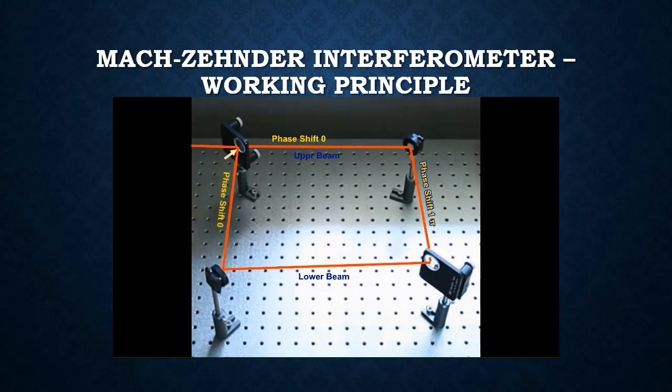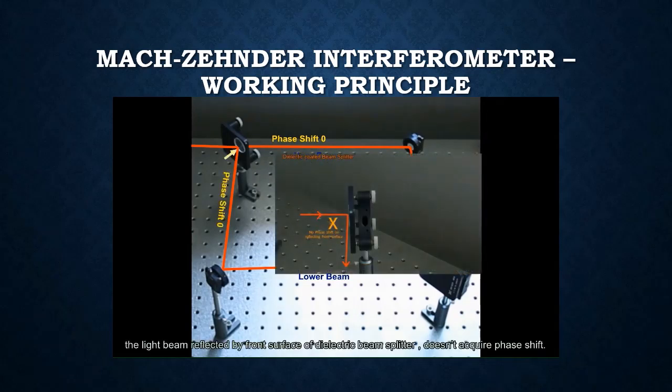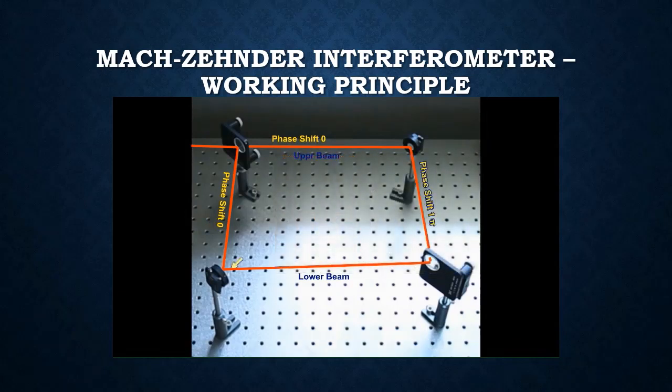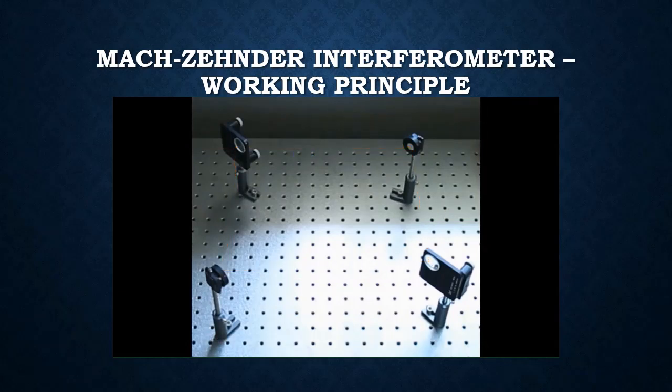This lower beam has a phase shift of 0 on reflectance, and then we have 1 pi of acquired phase shift from the half silvered mirror. So when these two phase shifts of 1 pi and 1 pi reach the beam splitter, what happens?